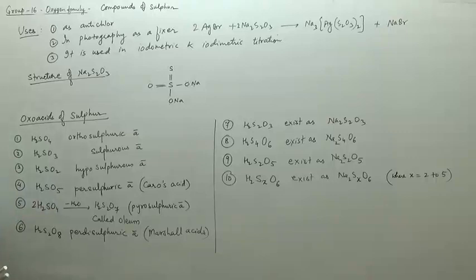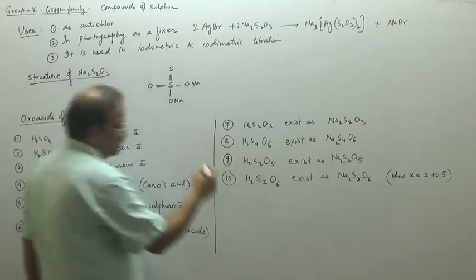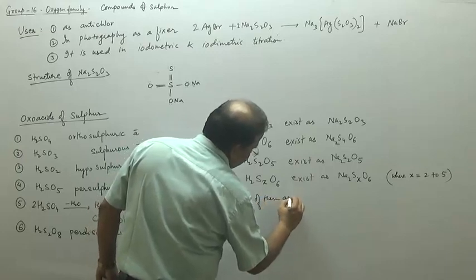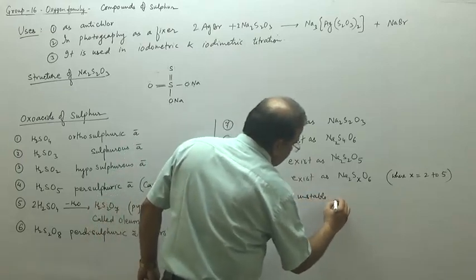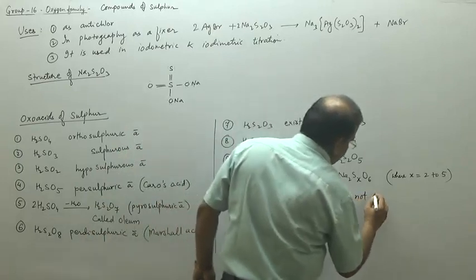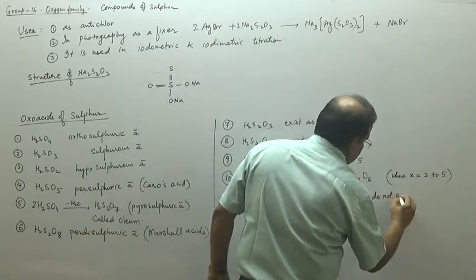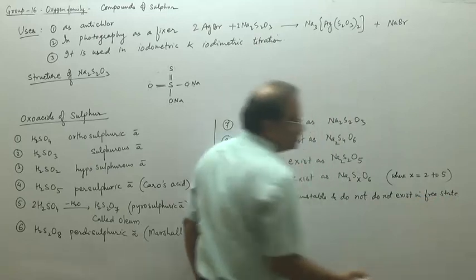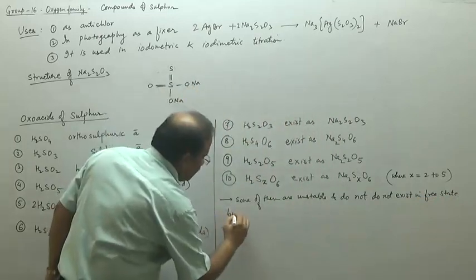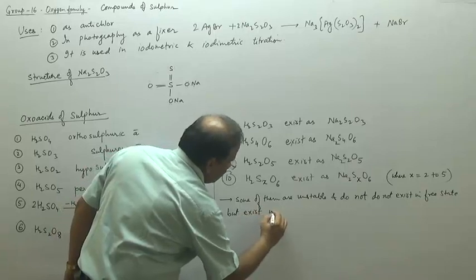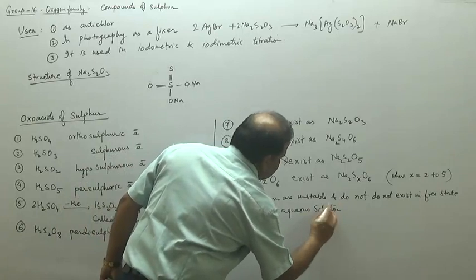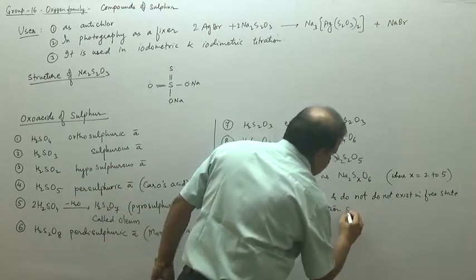So these are oxy acids. Some are unstable and cannot be isolated. They are known only in aqueous solutions. They do not exist in free state, but they exist in aqueous solution state.